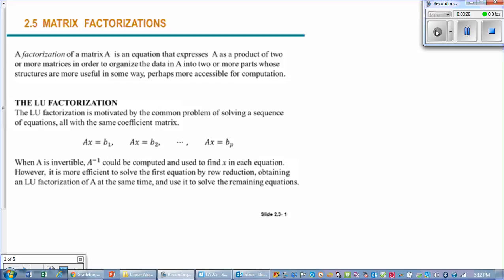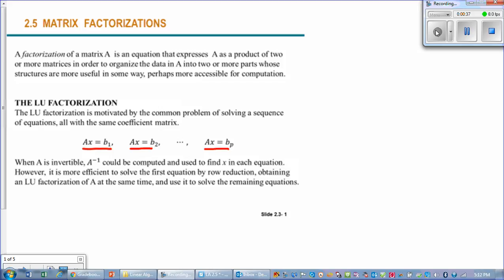So this first type is called the LU factorization. The times that this is very helpful is if you end up having a bunch of equations such as Ax = b1, Ax = b2, and so on, so that they're all using that same coefficient matrix.